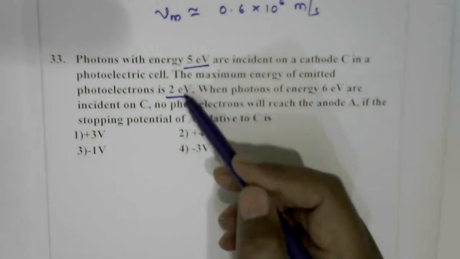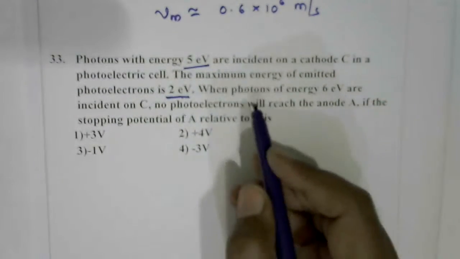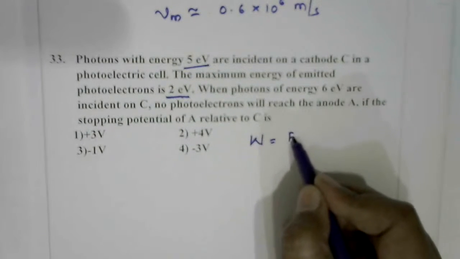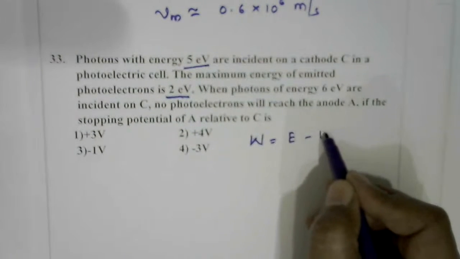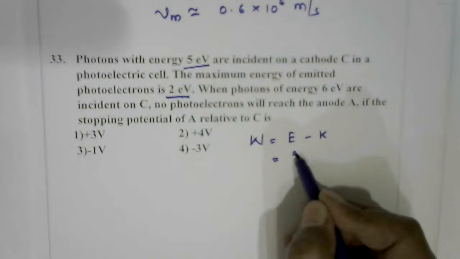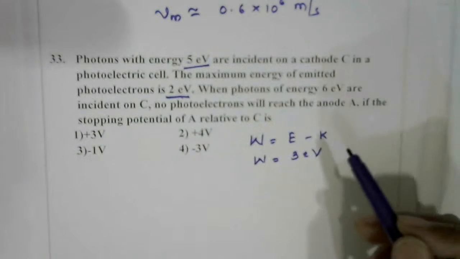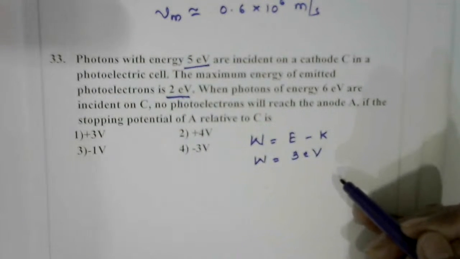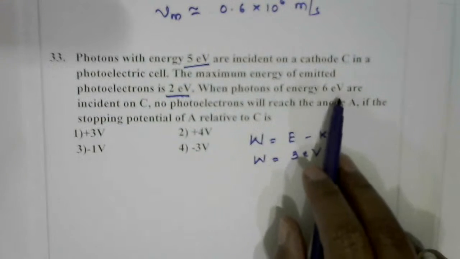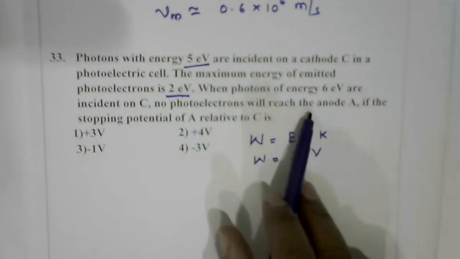So these two data give you what? The incident energy is this much, then the work function becomes the incident energy minus the kinetic energy. That gives 5 minus 2, so 3 electron volt is the work function of that particular material. Whereas if photons of energy 6 electron volt are incident on it, no photoelectrons will reach.